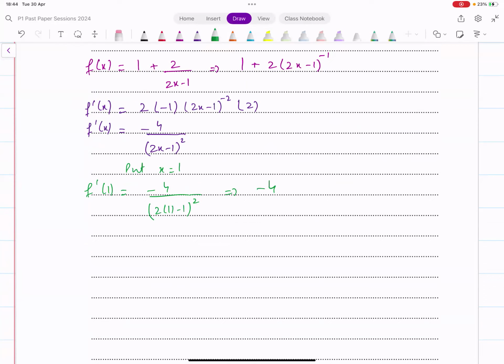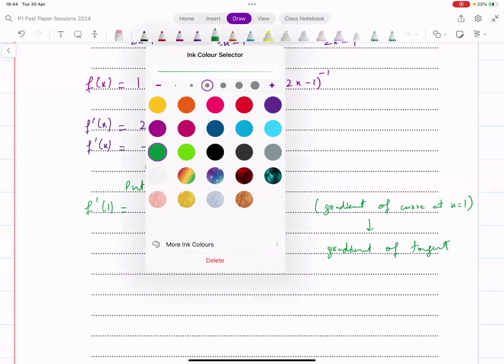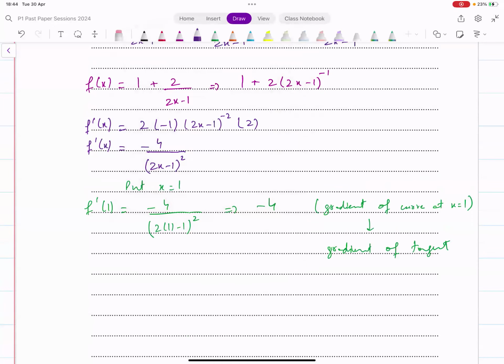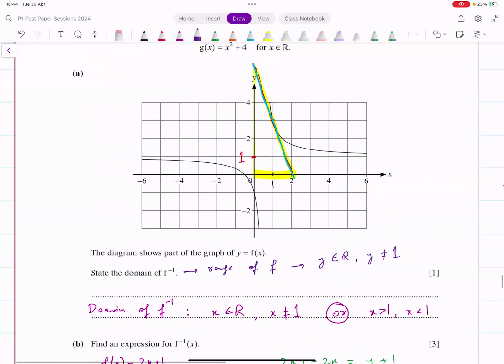This is the gradient of the curve at x equals 1. If the gradient of the curve is this, that's also going to be the gradient of the tangent. So once you know the gradient of the tangent, now you can find the equation of the tangent using this. You already have a point, right? This point lies on the graph.